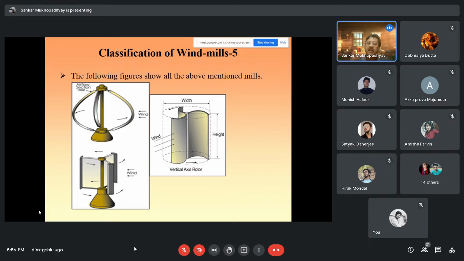All these are efficient. Someone is 35%, someone is 30%. The maximum efficient, you can say, is the last one, where the curvature has been made. But these are all part of the vertical type turbine, so beyond 35% efficiency cannot be achieved. Is it clear? Yes, sir. Clear. Thank you.